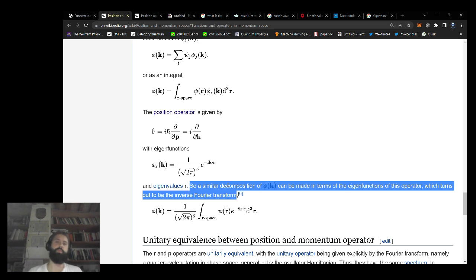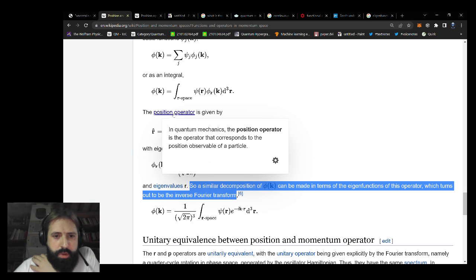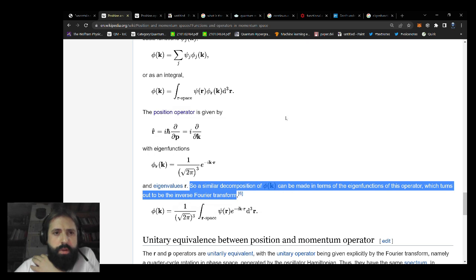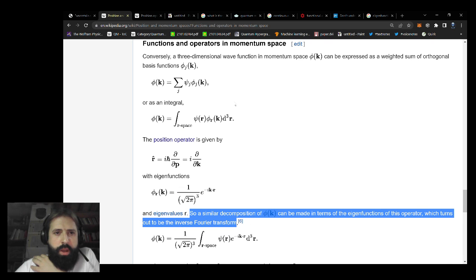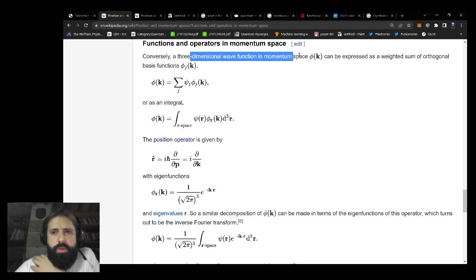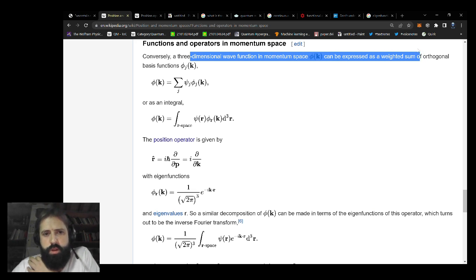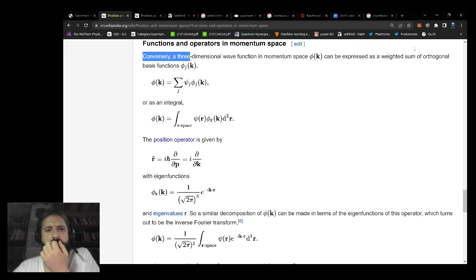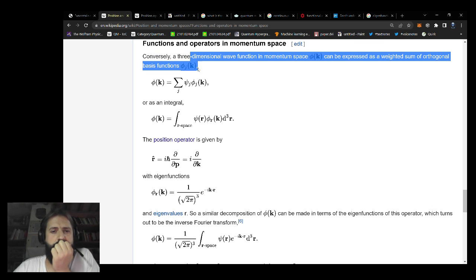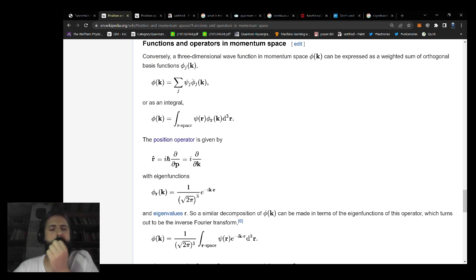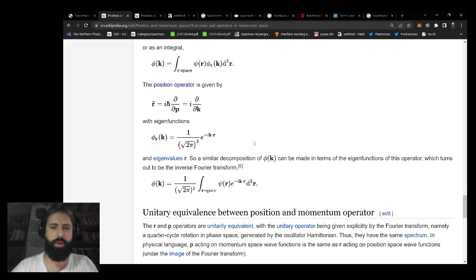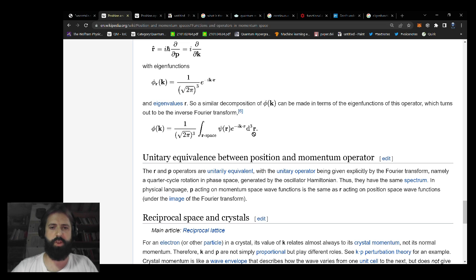I would assume, yeah, the position operator. So, and that's the momentum space. Why? A three-dimensional wave function in momentum space can be expressed as a weighted sum of orthogonal basis functions. I just don't get why this gives us the momentum wave function.